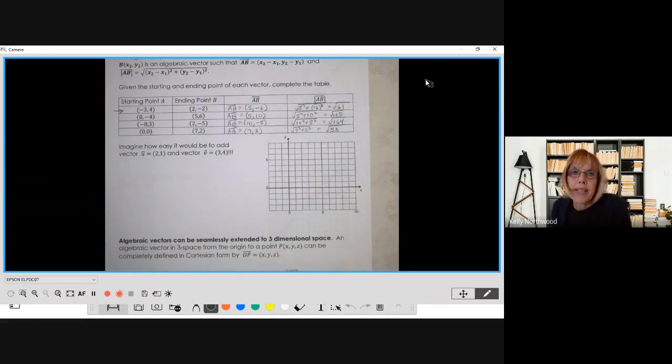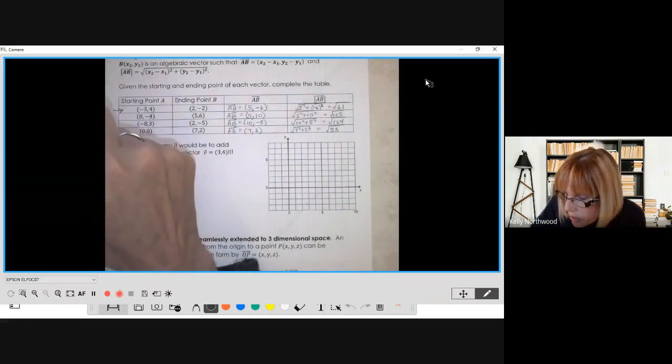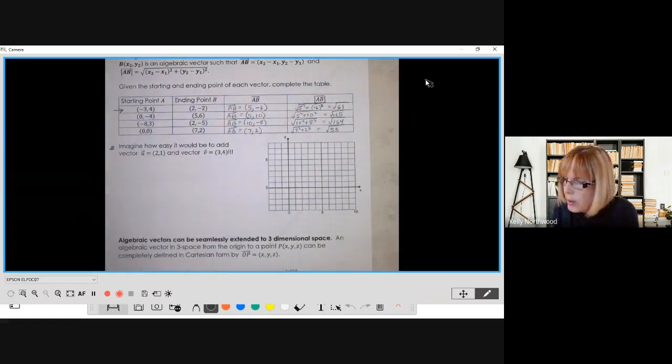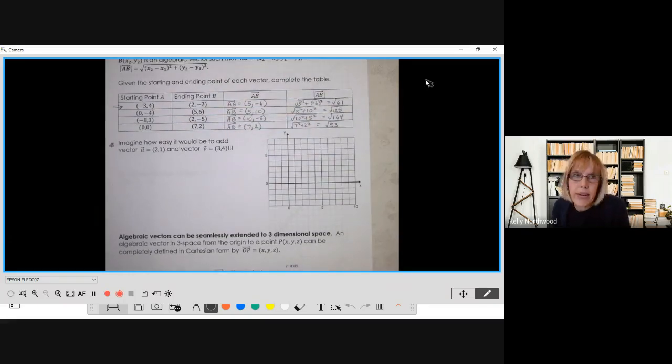All right. So I'm going to give you a little hint of what you're going to do in your second video today. So imagine how easy it would be to add vectors. We added vectors geometrically the last time I saw you using trigonometry. Now look how easy it is to add algebraic vectors.